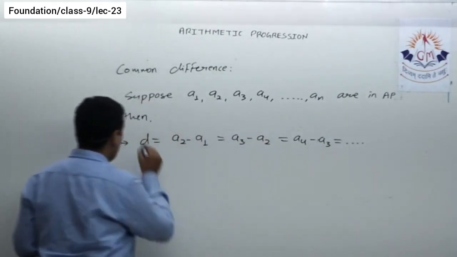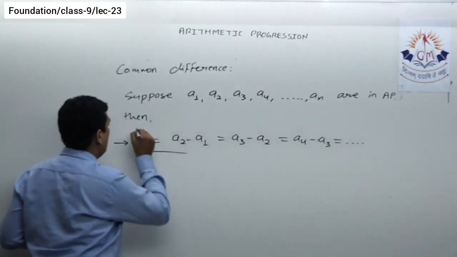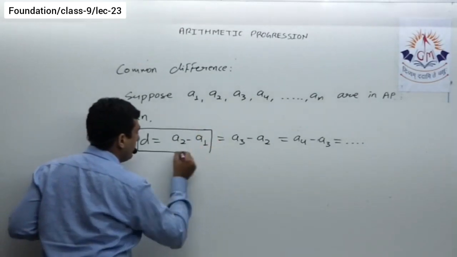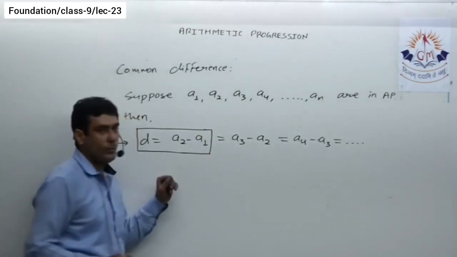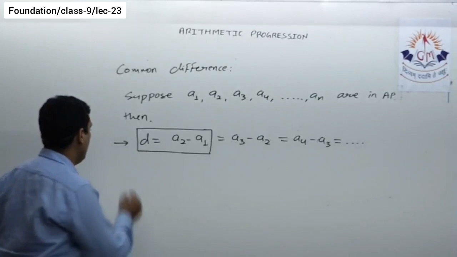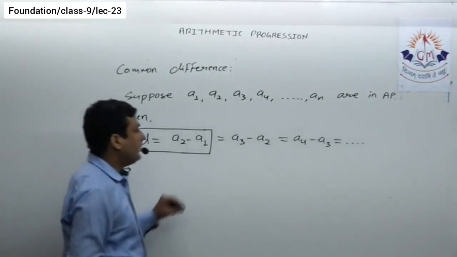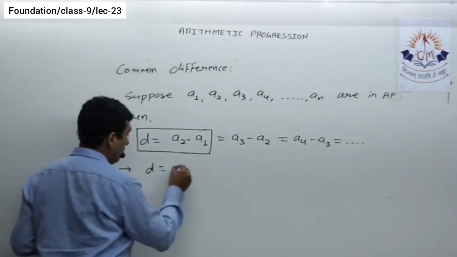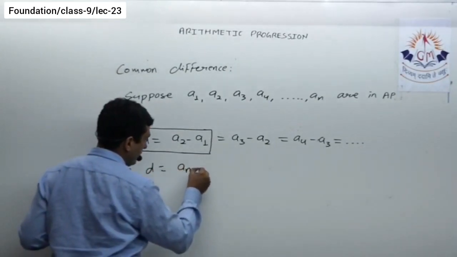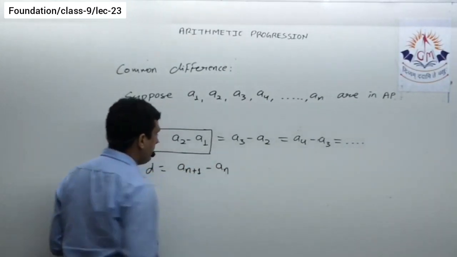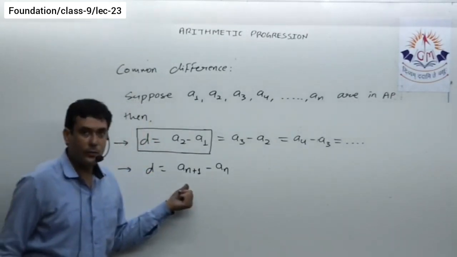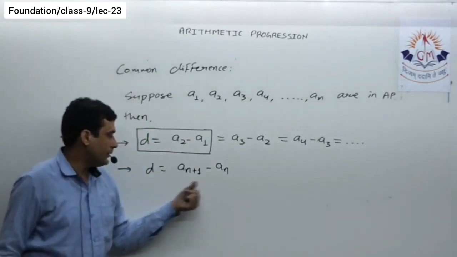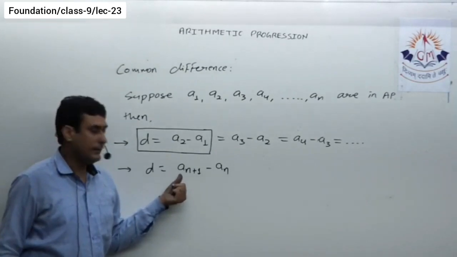So basically you have to work on this, any term minus previous term. In general we use this formula to find the common difference. This is one way. If I write in a generalized way, the common difference is equal to any term minus previous term. If I take n equal to 1, second term minus first term. If I take n equal to 3, then fourth term minus third term.